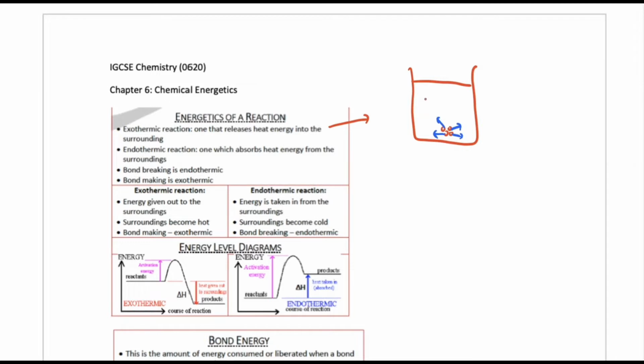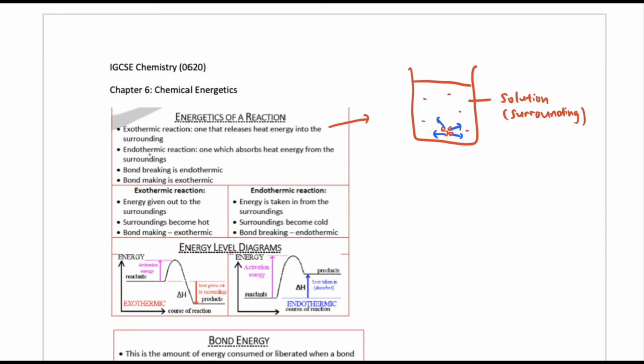So that means to the water, to the solution. So the solution here is the surroundings. So we should expect the solution to increase in temperature. The solution is expected to become hot in exothermic reactions.